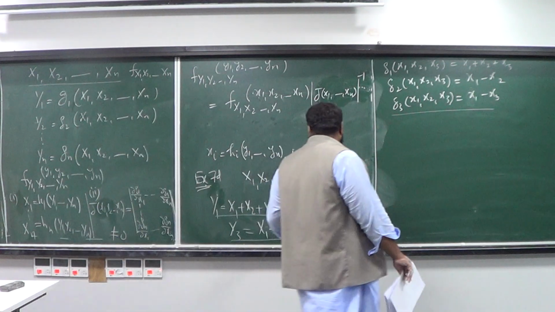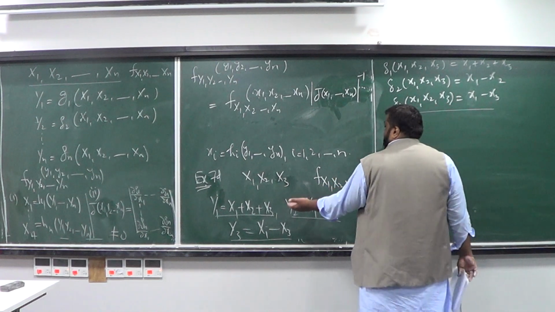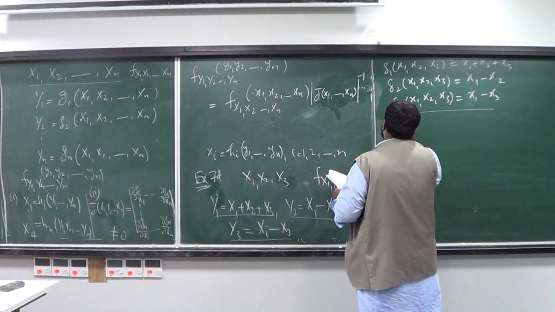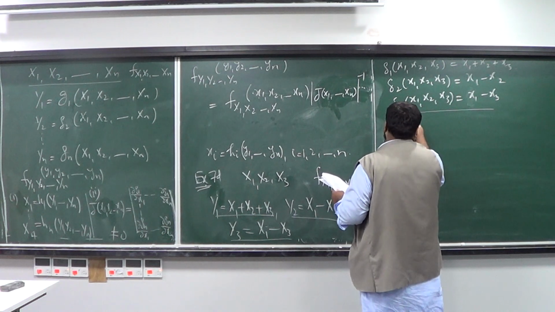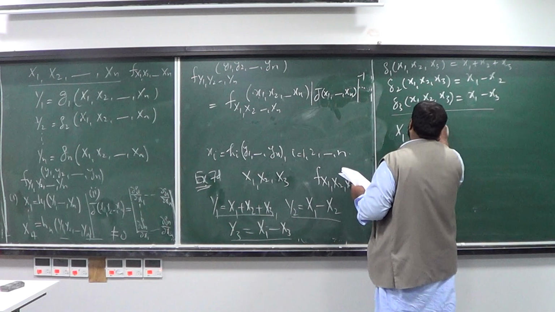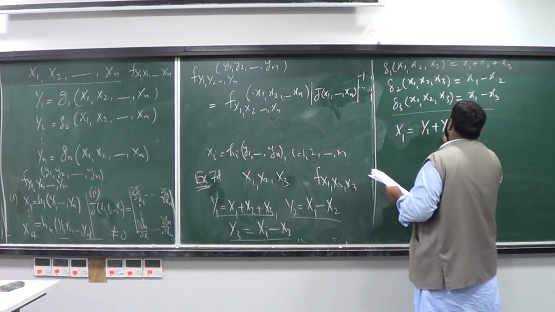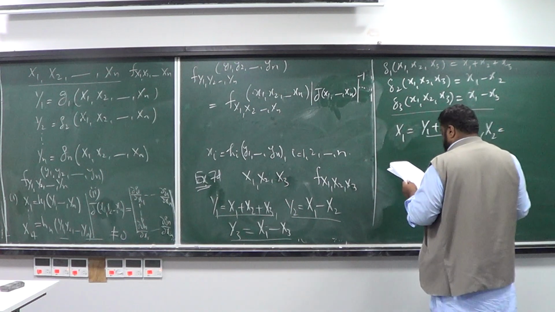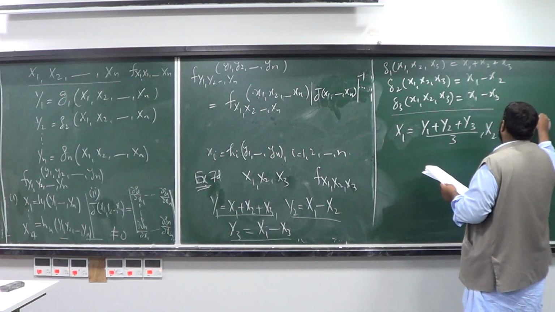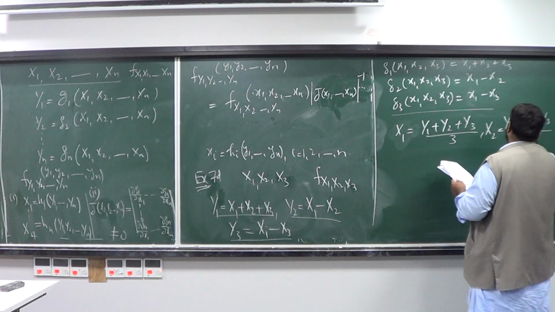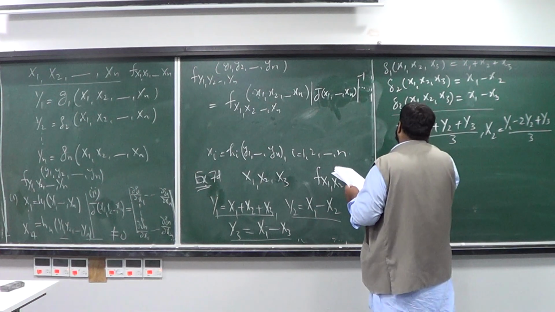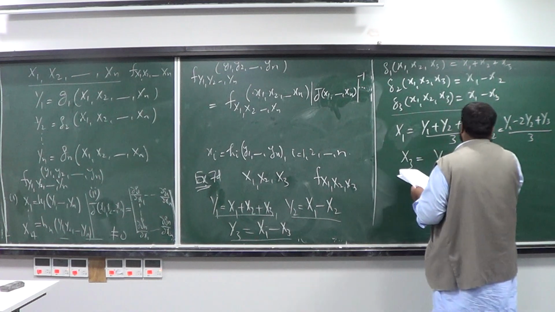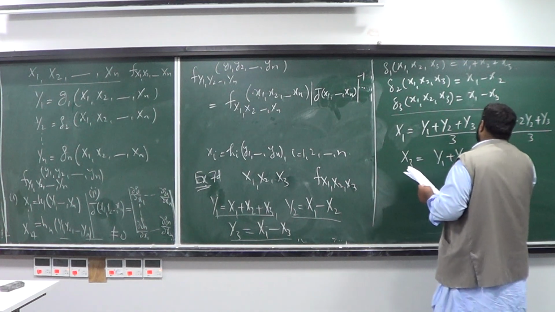If you solve this system for x1, x2, x3 in terms of y1, y2, y3, you're going to get that your x1 is (y1 plus y2 plus y3) upon 3, and your x2 is (y1 minus 2y2 plus y3) upon 3, and the x3 is (y1 plus y2 minus 2y3) upon 3.